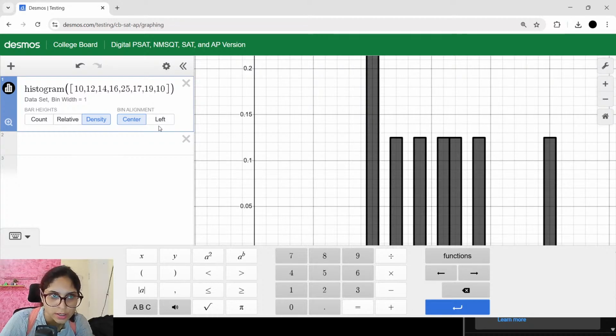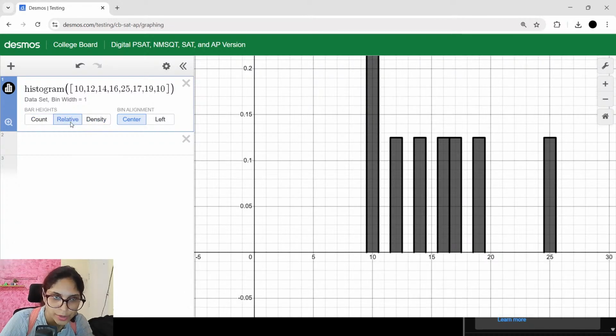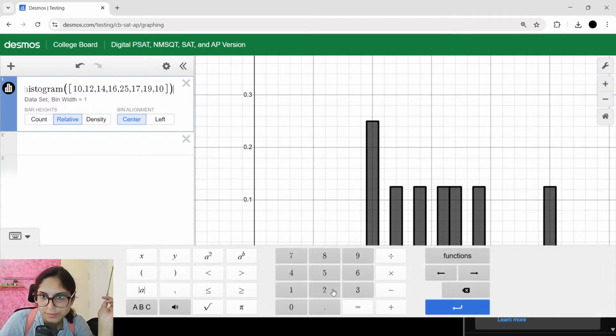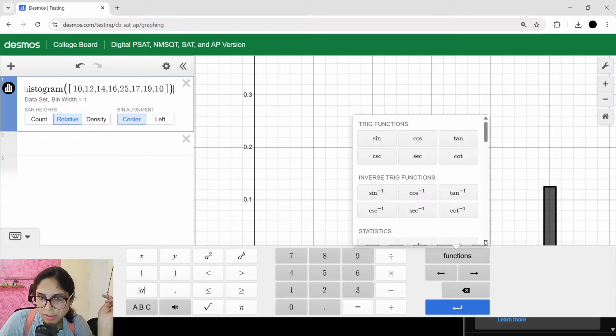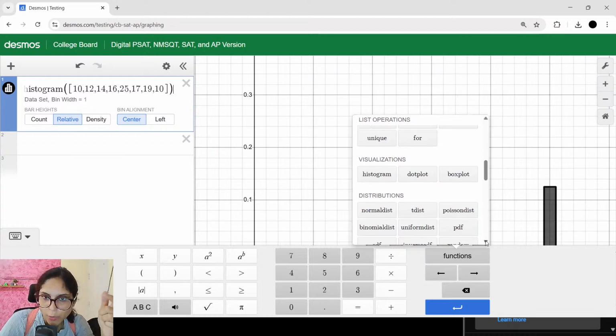So its height is going to get doubled. So this is how you can make histograms as well. Again, click on it, you can see everything. And you can keep experimenting with what each symbol is doing.